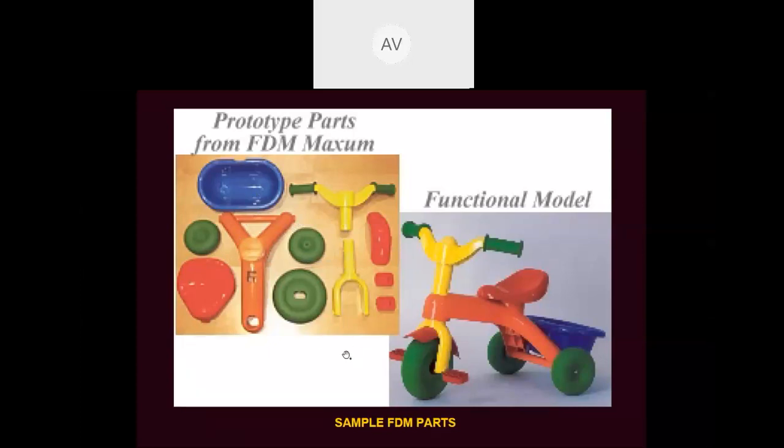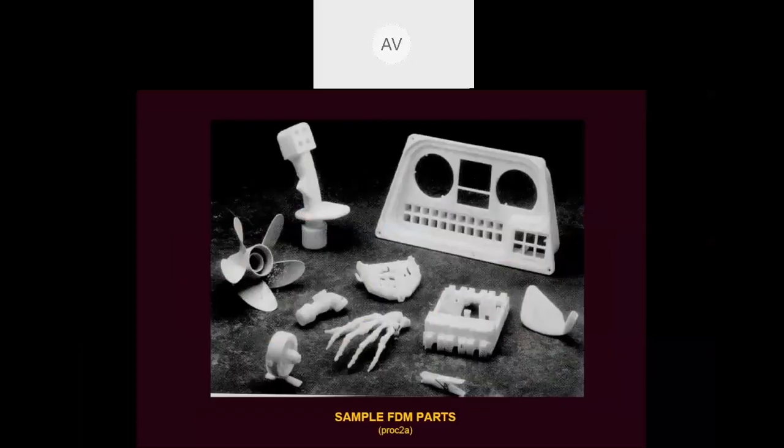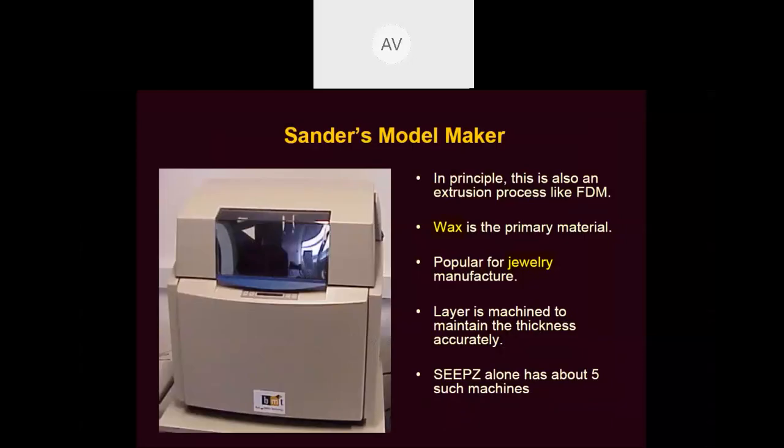You can see the sample FDM parts. This is another model, an FDM machine where the primary material is wax, and they are popular for jewelry manufacture. The layer is machined to maintain the thickness accurately.